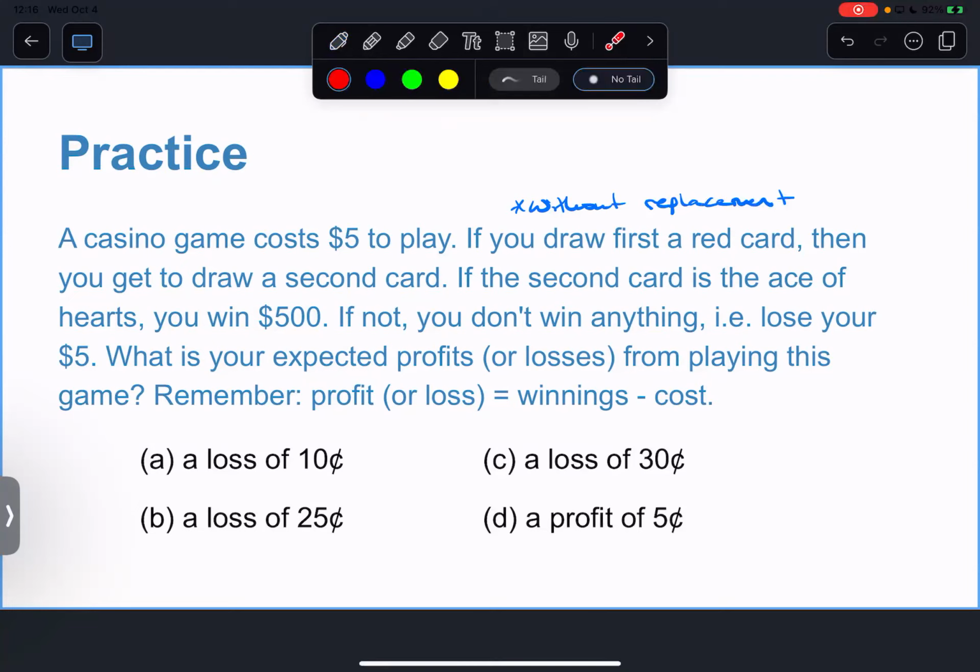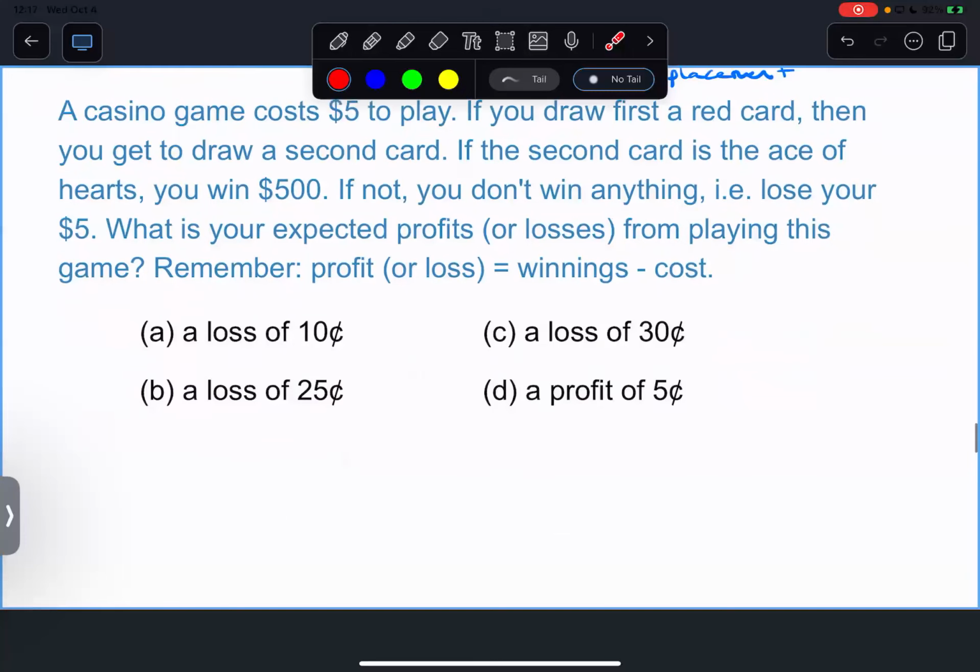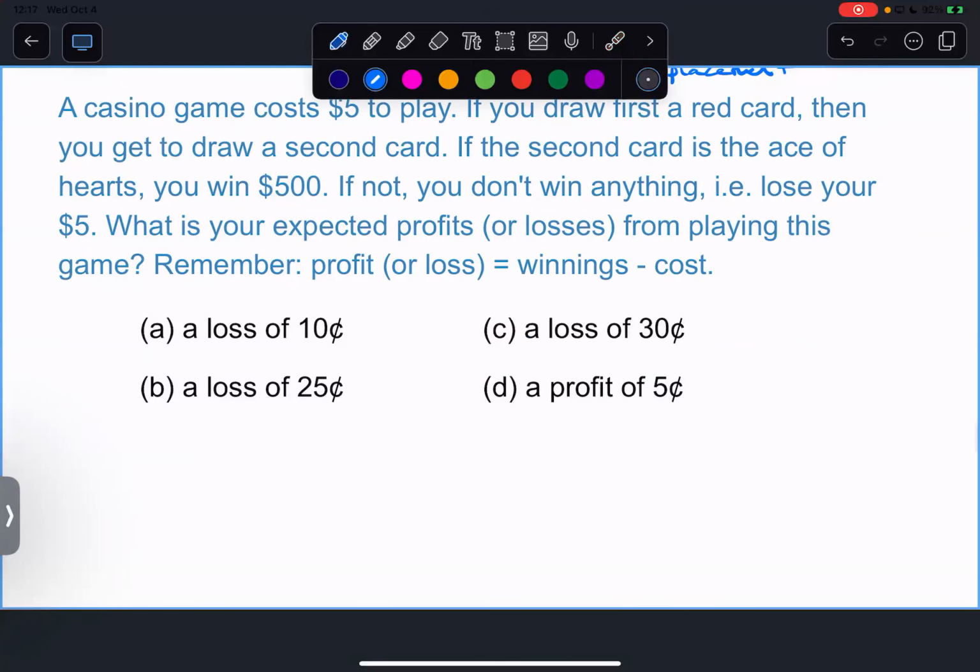How sad are you if you draw the ace of hearts on your first draw? Oh, without replacement, the probability of you drawing it on the second draw is 0. You've already lost. All right.